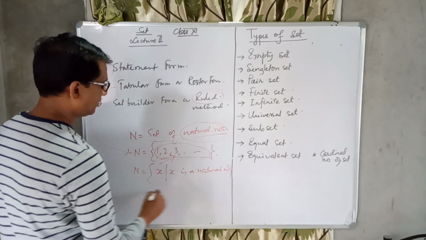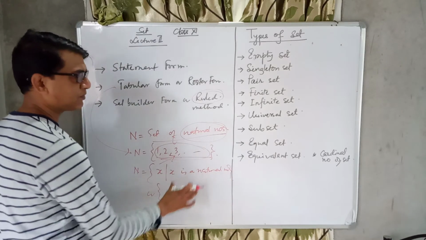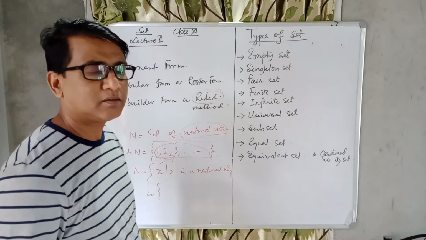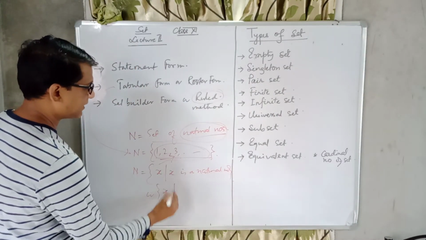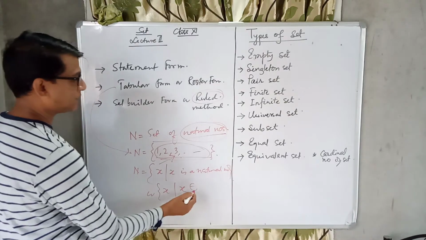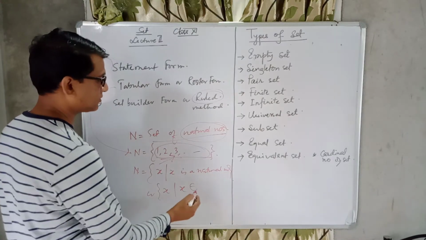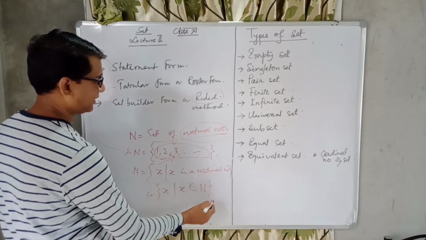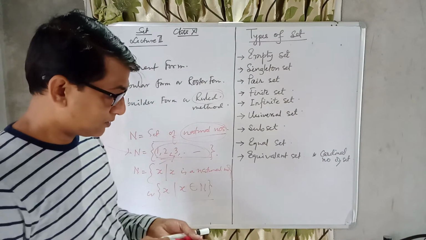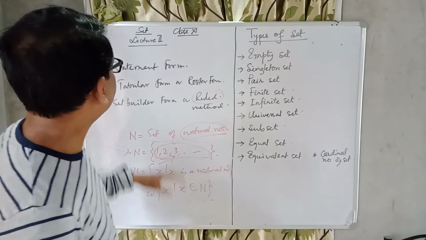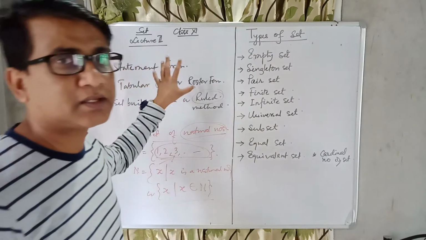This may vary from person to person. That can be written as x such that x belongs to N, where x is a natural number. These are the things already discussed in the previous class.